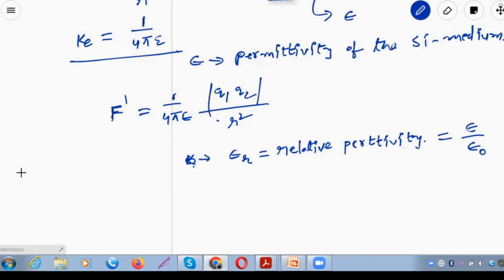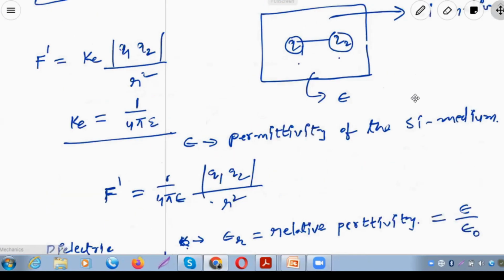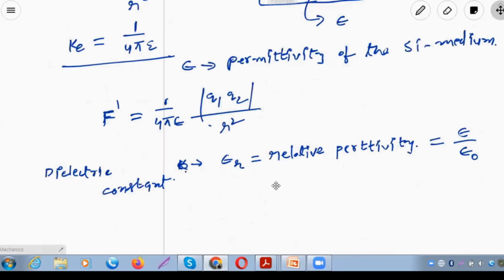That is also called the dielectric constant. So how do we differentiate it? The dielectric constant is the permittivity of the medium to the permittivity of the free space. It is the ratio.